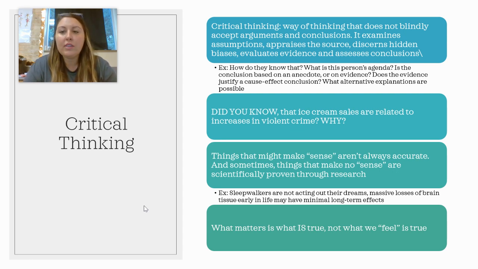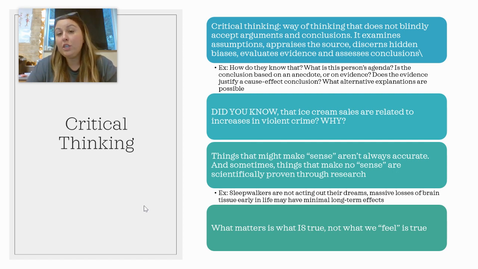It tries to discern the hidden biases and evaluate evidence and assess conclusions. So when you are being a critical thinker, you ask questions like, how do you know that? What is the person's agenda of what they're trying to convince you of? Is the conclusion based on a story, an anecdote, or on actual evidence? So these are the kinds of things we think about with critical thinking.